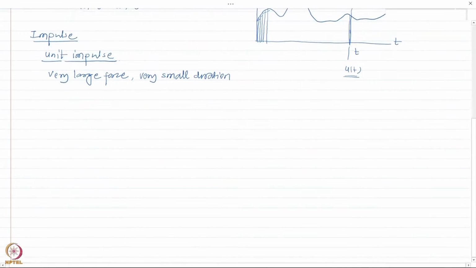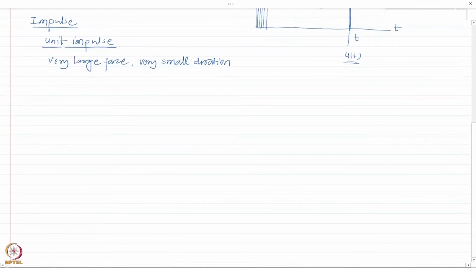So let us say, let me draw an impulse like that. I'm going to write p(t) here, and this is my time axis t.